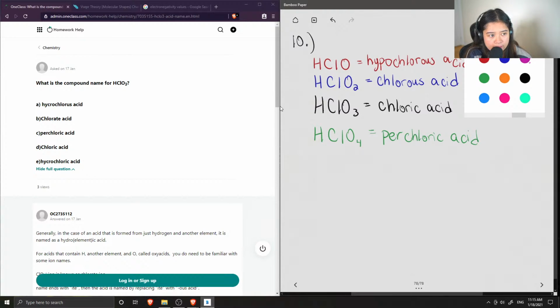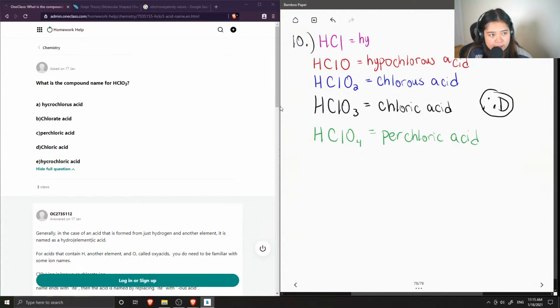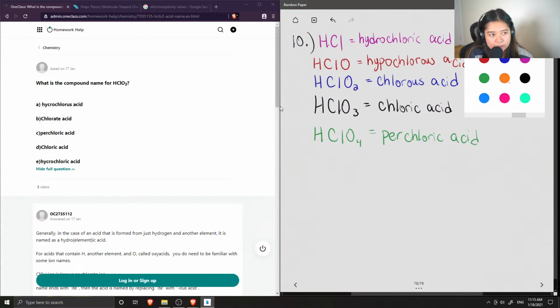And obviously, when we have everyone's favorite acid, HCl, this is just called hydrochloric acid. So you can see how the names kind of vary in this way. When you add an additional oxygen, it has the prefix of hypo and it ends in -us.